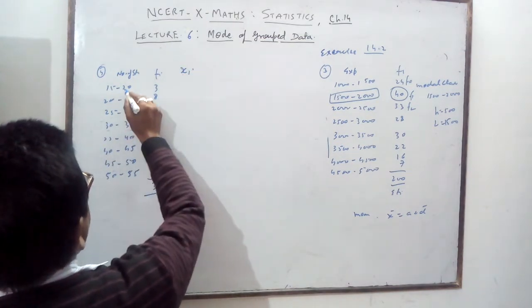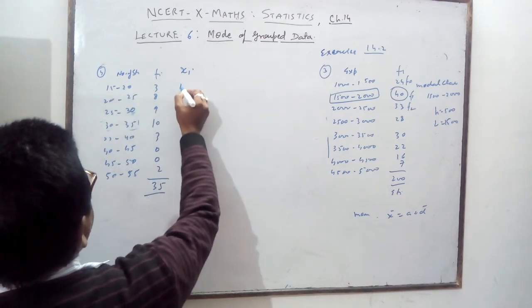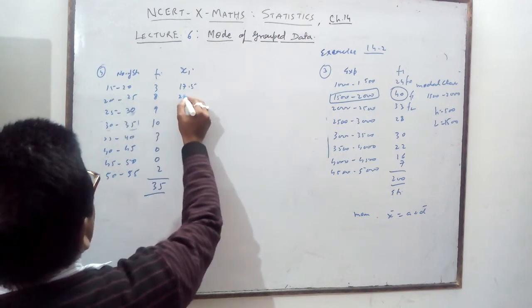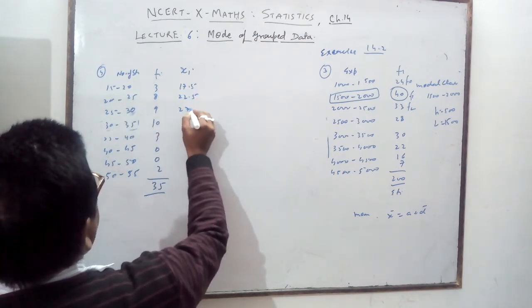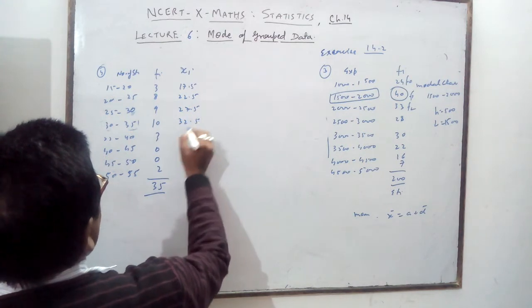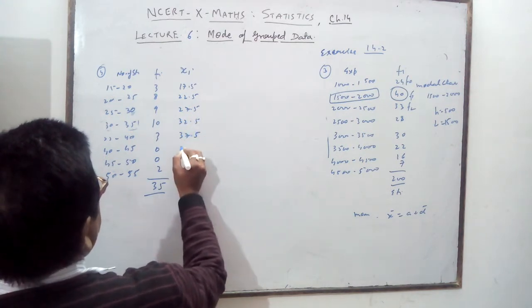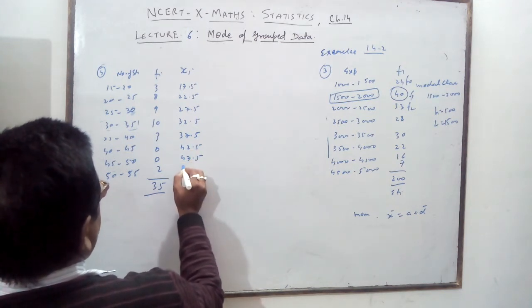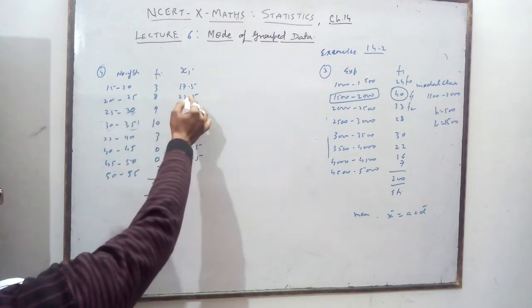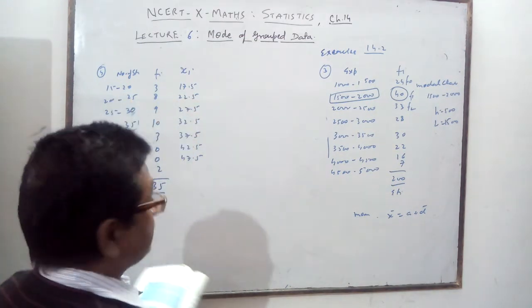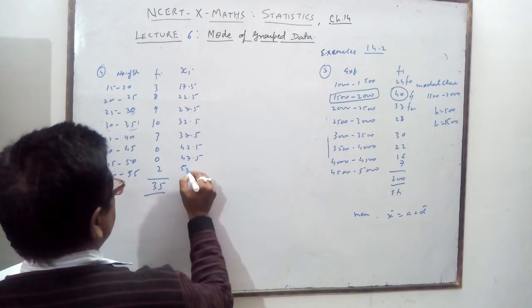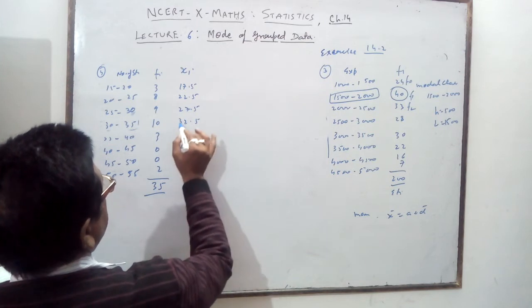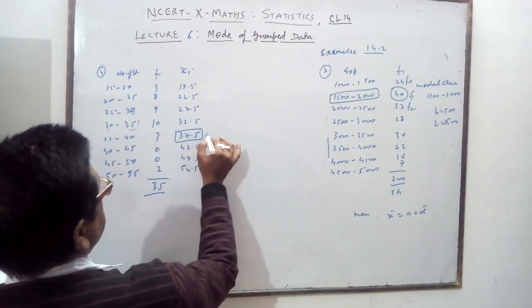Xi is 17.5, 22.5, 27.5, 32.5, 37.5, 42.5, 47.5, 52.5, taking the middle value and adding 5 each time. That is 8 values. Any one you can take; I am taking 37.5 as A.